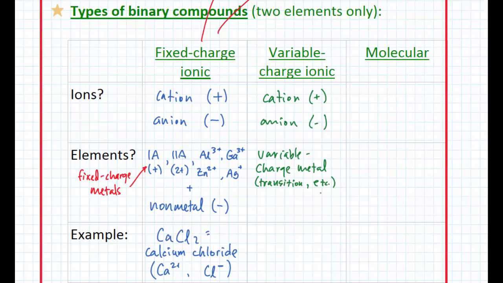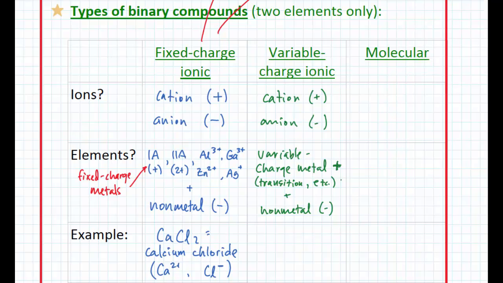But a variable charge metal and a nonmetal. The variable charge will be some level of plus, because all metals will form plus ions. So there'll be a plus and a minus. It's just a variable charge plus.